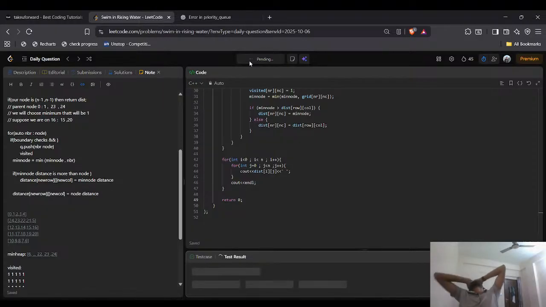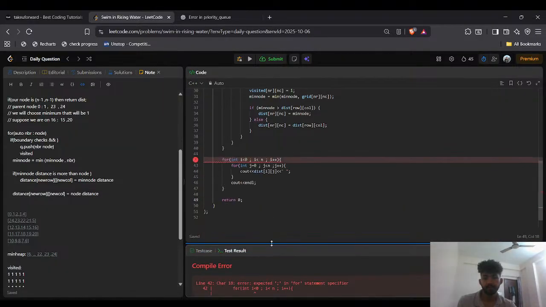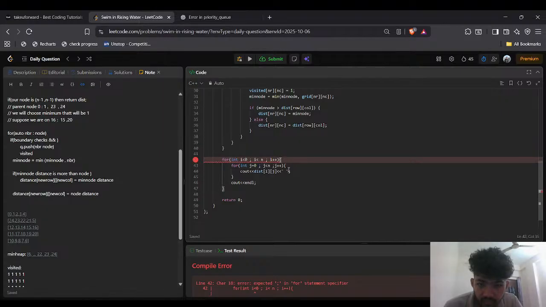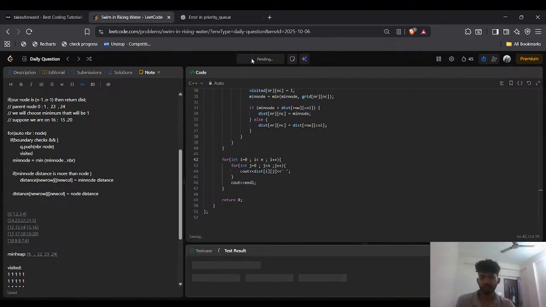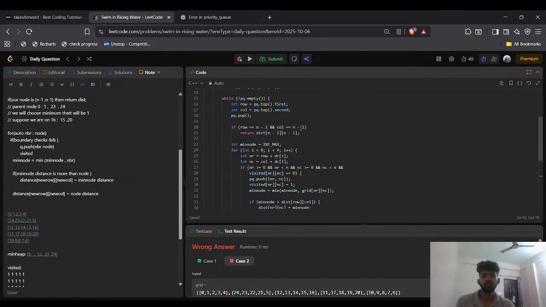The value will be returned from there. This will not work. What do you mean? We need to comment out this thing.